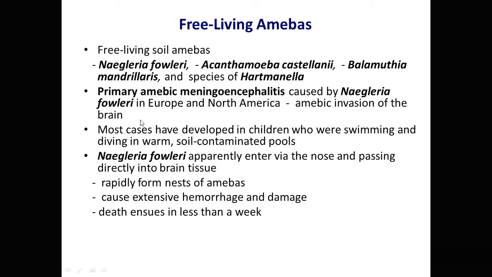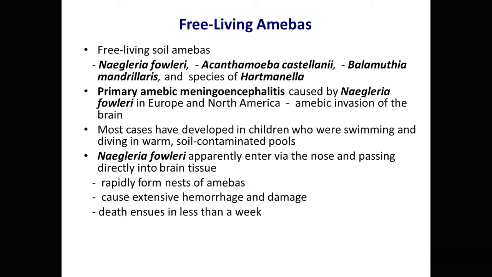And Naegleria fowleri, found in Europe and North America, causes amoebic meningoencephalitis. And how does this amoeba evade our body? This infection starts when the person is swimming in warm and muddy water and salt contaminated pools.